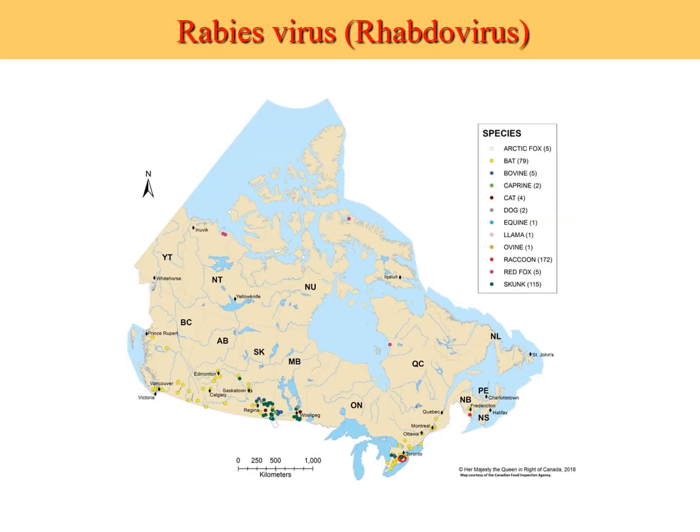Here's another map that's just of Canada and shows different animals that carry it. You can see that the dots represent cases where the animal was identified as infected. Skunk, fox, raccoon. Ovine is, I can't remember ovine.